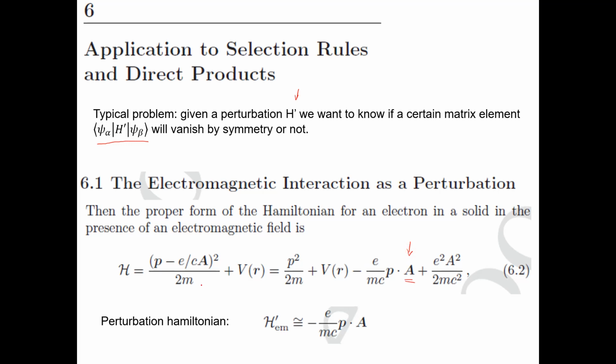This is your unperturbed Hamiltonian, H0, and this is your perturbation that is linear in A and the momentum P. This is the Hamiltonian of the electromagnetic field, a typical example that we're going to see in this chapter.